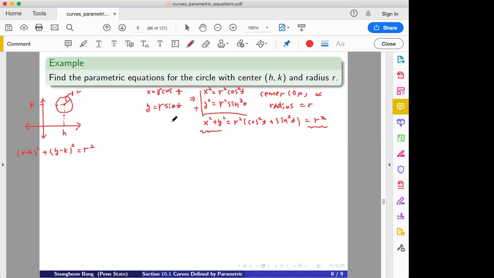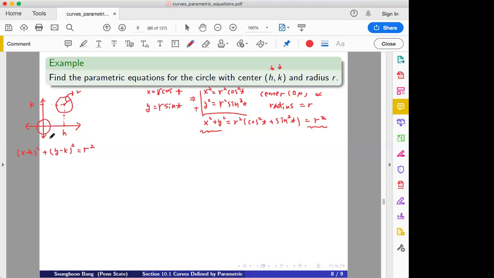From here, how can you change the center to (h, k)? Let me see. The circle with center (0, 0) and radius r, we can draw here. The circle is like this.